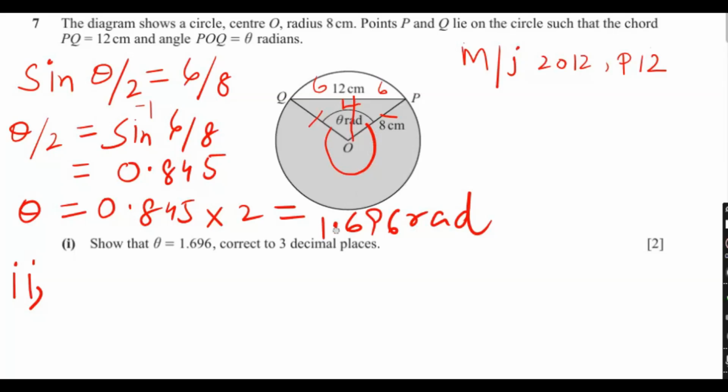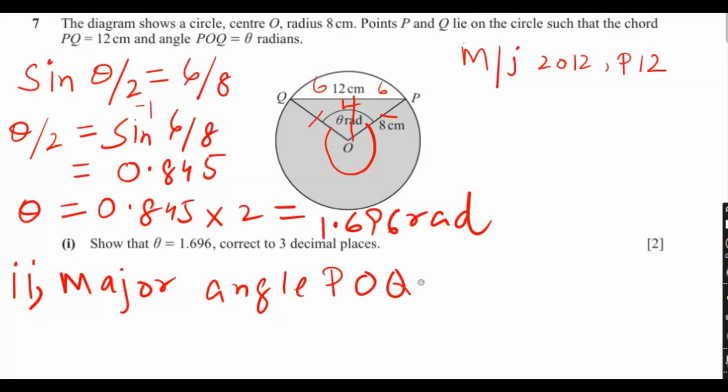So first we have to find this major angle POQ. You can write over here major angle POQ. The total angle subtended at the center of the circle is 2 pi. So angle POQ is 2 pi minus theta.